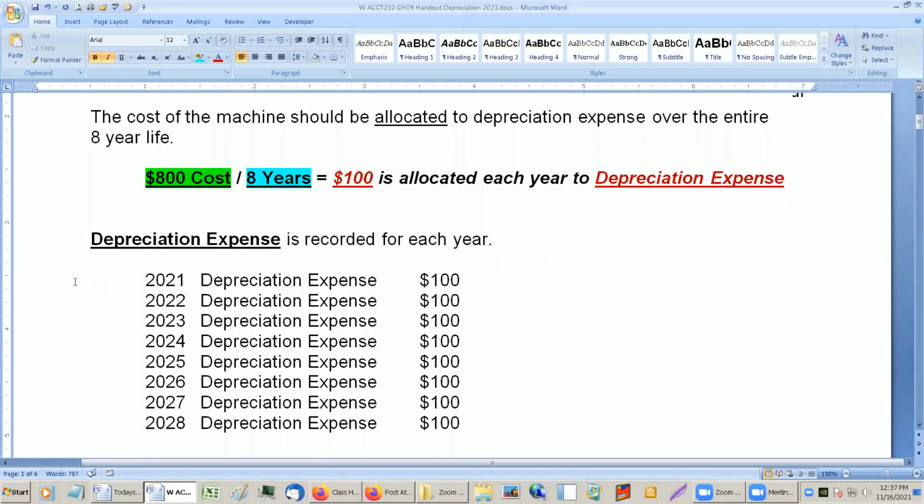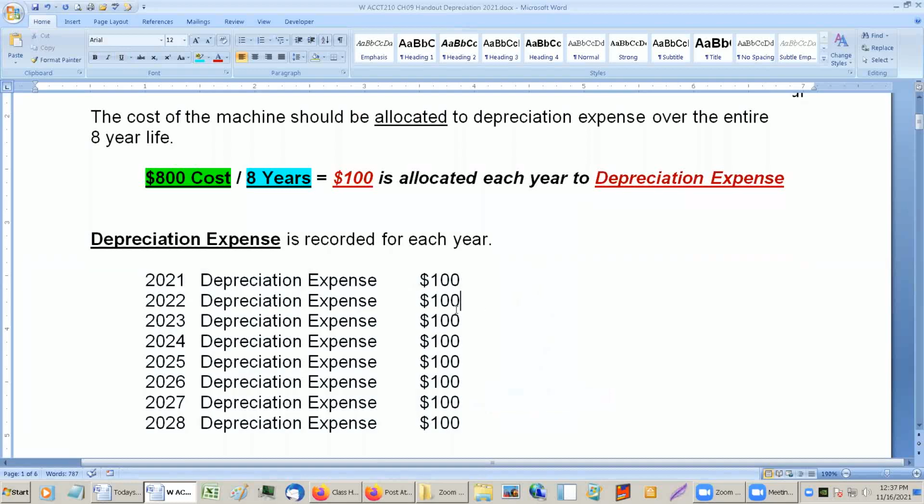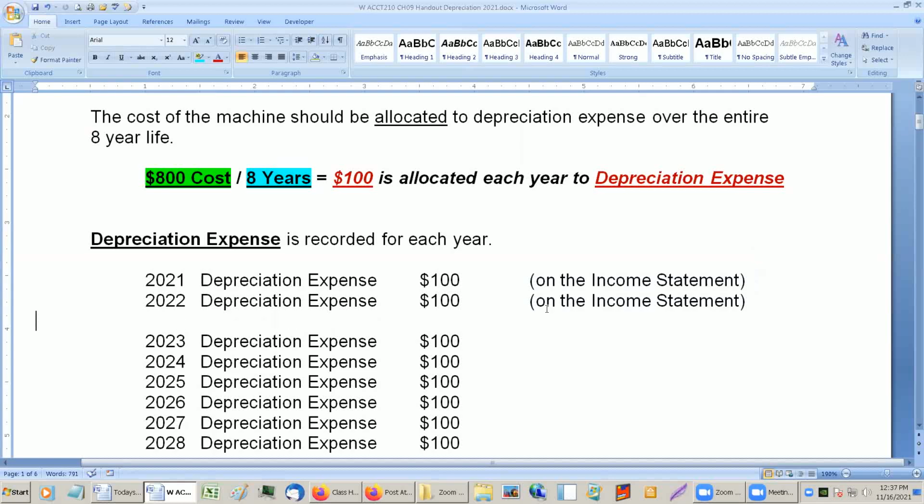So every year, I know this is maybe a little bit over the top, but every year we're going to depreciate $100. That's going to be expensed every single year. This will be on the income statement, for each year, for every one. So every one of these is going to be on the income statement. And you guys get the idea.